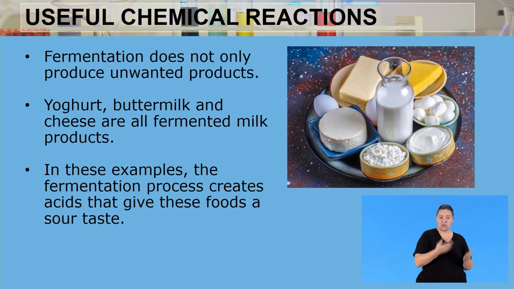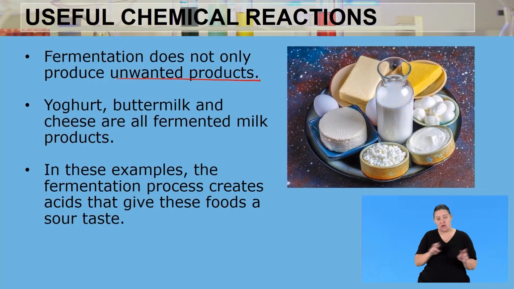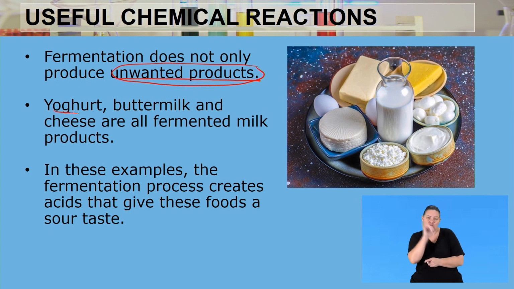However, even though we breathe out carbon dioxide, which we don't want, this process of fermentation doesn't only produce unwanted products. The things that we eat as well, the yogurt, the buttermilk, and cheese, are all fermented milk products.